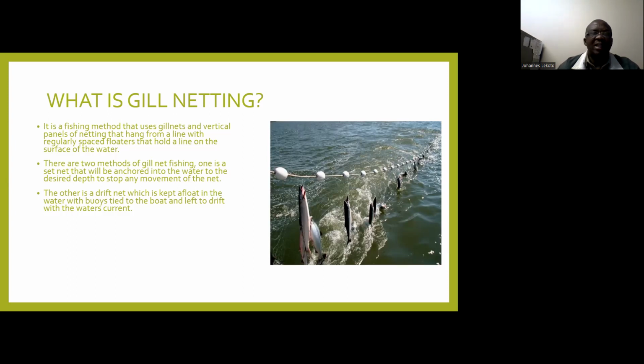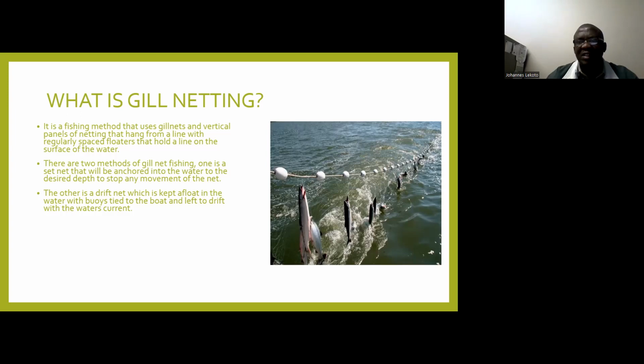The other is a drift net, which is kept afloat in the water with buoys tied to the boat and left to drift with the water's current. I'm supporting this slide with a picture here of the fish hanging from the net in the water. I think everybody can see that.